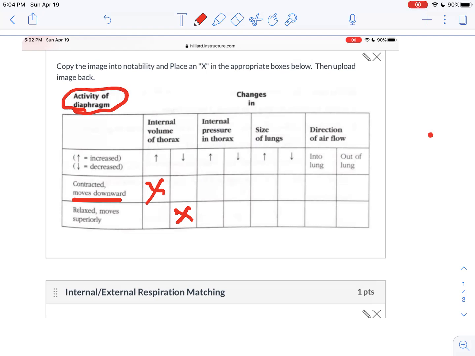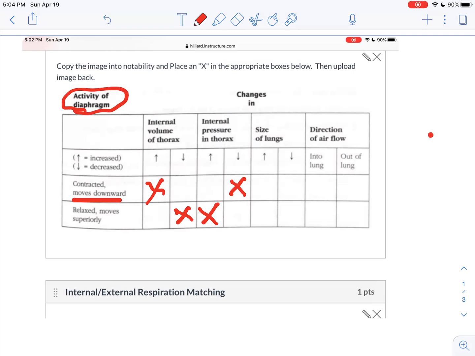Where it says activity of the diaphragm contracts, and the diaphragm is flattening out, the pressure is going to be reduced. Okay? When the diaphragm is relaxed and moves superiorly, the pressure is going to increase.